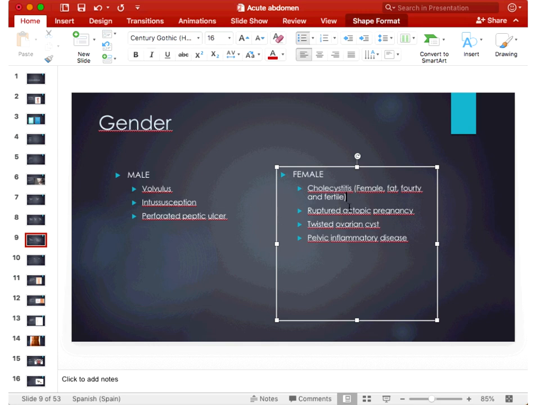Or due to gynecological causes such as an ectopic pregnancy, you have to ask women about their last period and whether they're pregnant or not. The other common cause to find an acute abdomen is when the ovary gets twisted, or with pelvic inflammatory disease, and you have to pay attention here to whether the woman has any vaginal discharge.